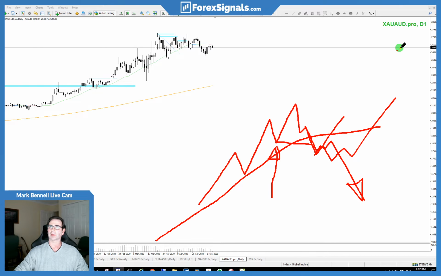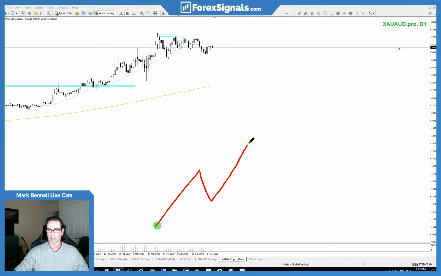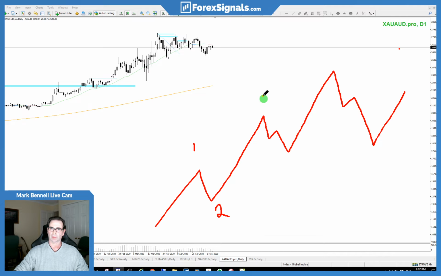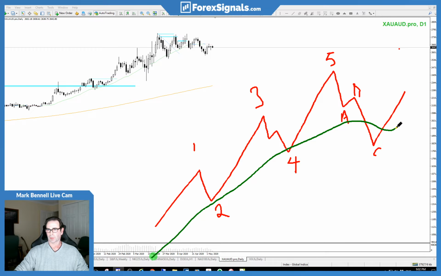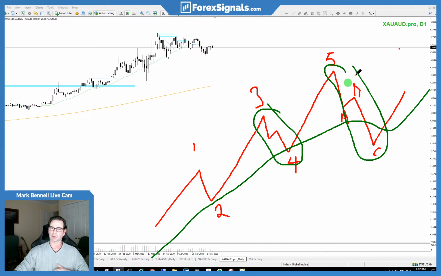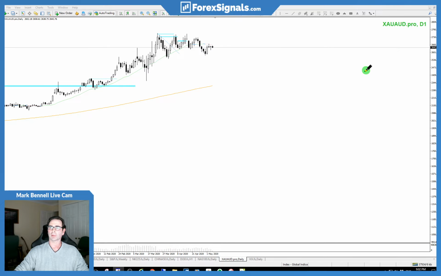Okay, because remember, in Elliott wave terms, we often get a deeper pullback after the fifth wave. So here's the 20. All right. So just be careful with the ones that penetrate the 20 period.